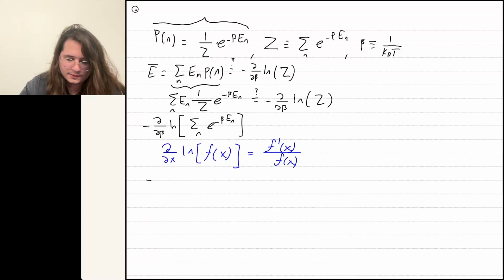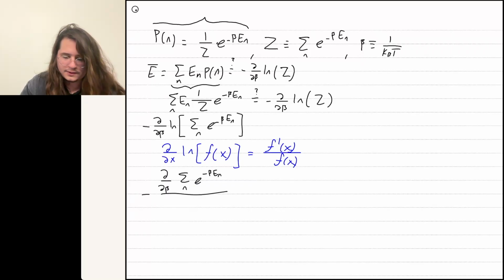So we'll use that evaluating our derivative. So it's going to be negative sign, and then the partial derivative with respect to beta of the sum on n of e to the minus beta E sub n over the sum on n of e to the minus beta E sub n.